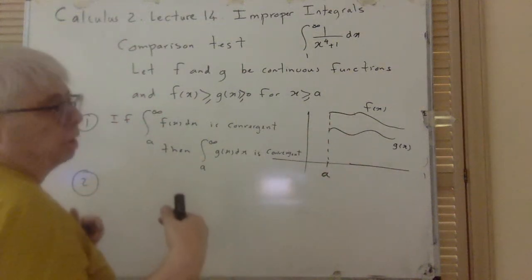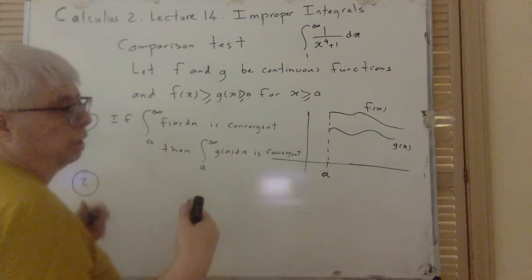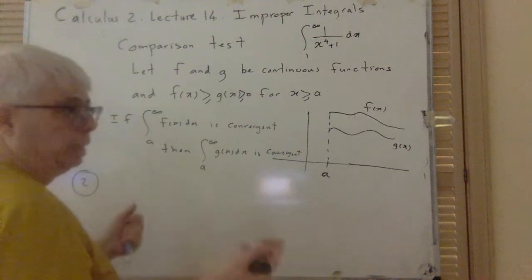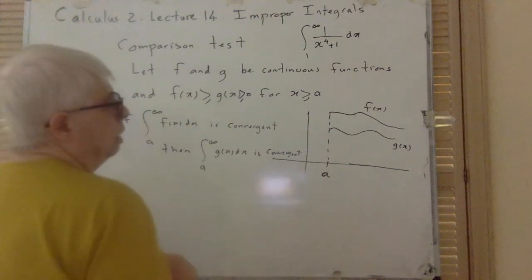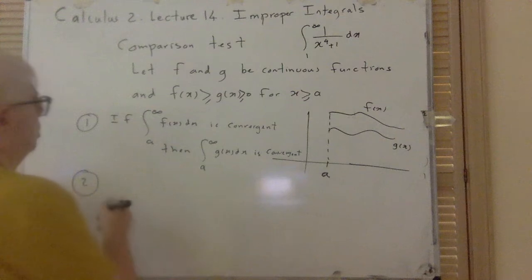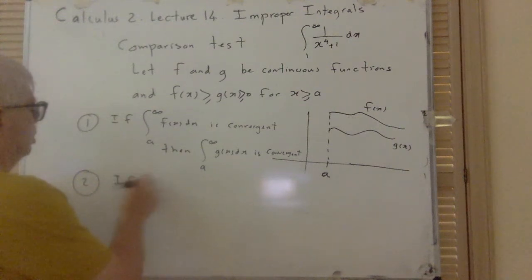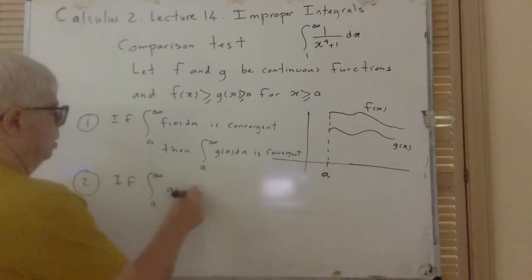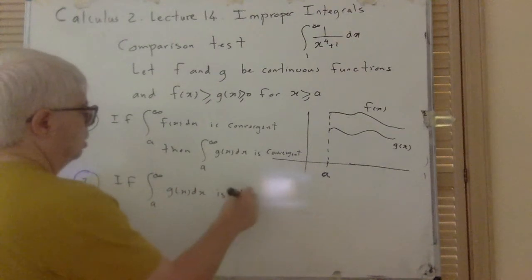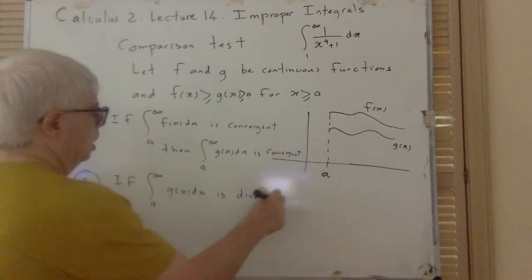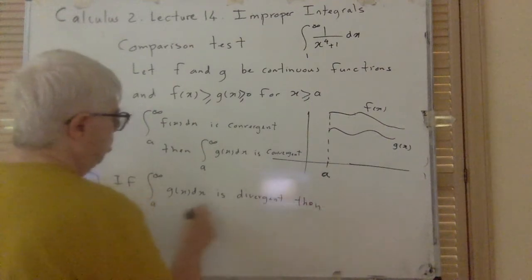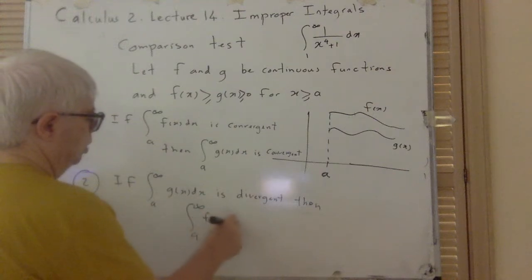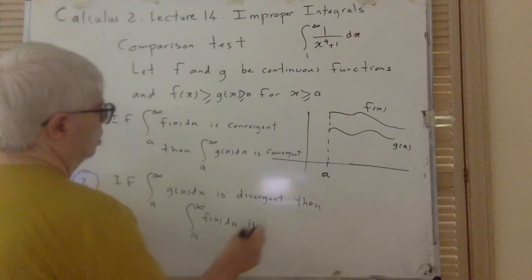If some area includes another area, and the one that it includes has infinite area, then the bigger one also has infinite area. So if the integral of g of x dx is divergent, then the upper one, the integral of f of x dx, is also divergent.